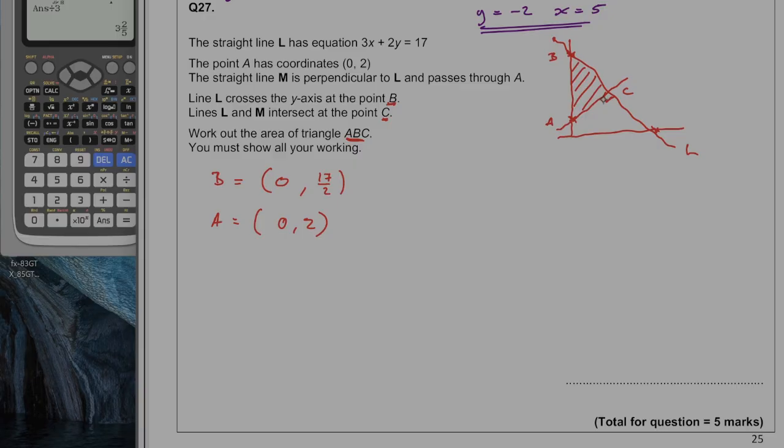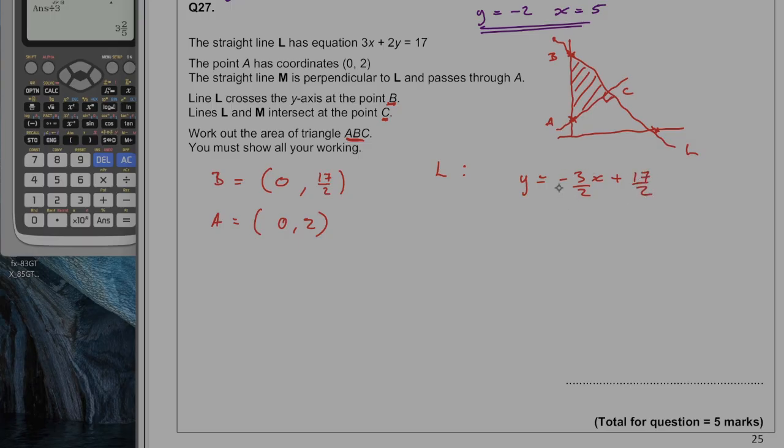Right, so I want to work out the coordinate of C next. First thing I'm going to have to do is start with L and rearrange it a little bit. So L is y is equal to minus 3x over 2 plus c. We don't really care about the intercept. Oh, we actually know the intercept, 17 over 2, which works, because we've just worked that out.